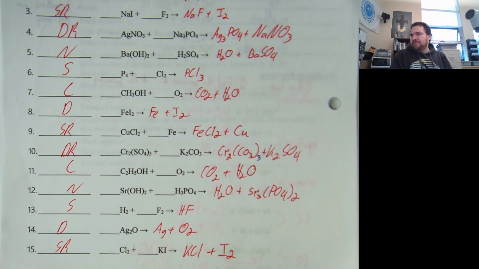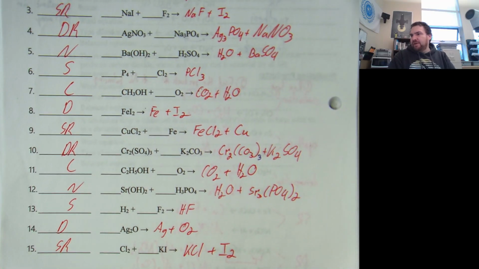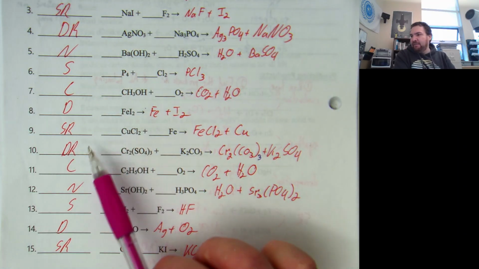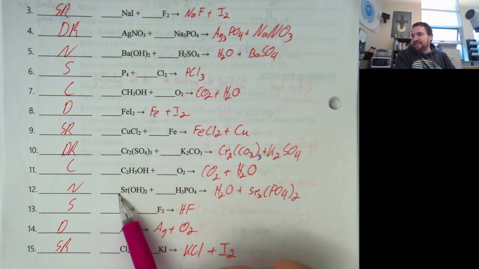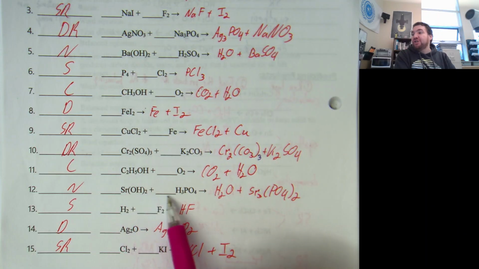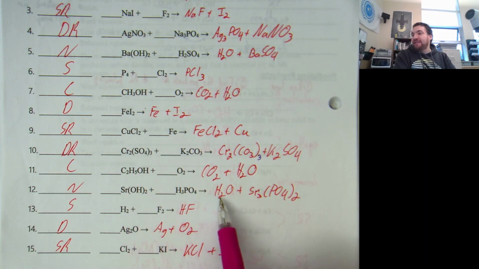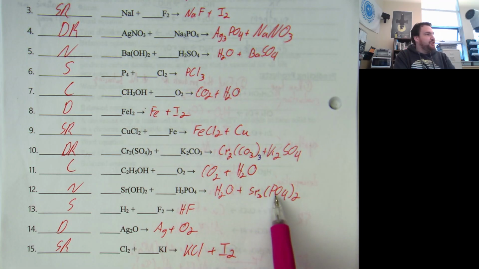Which one? What number? What do you mean? What question are you looking at? That's an N. Oh, that's SrOH2 plus H3PO4, yes. Goes to H2O plus Sr3(PO4)2.